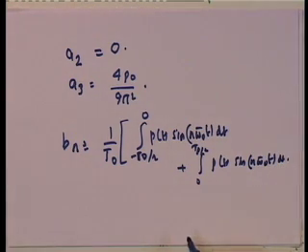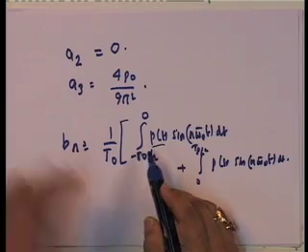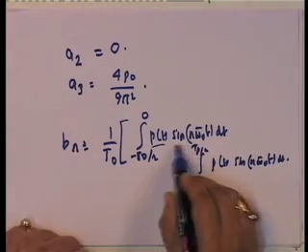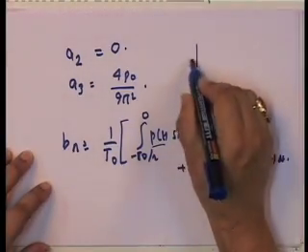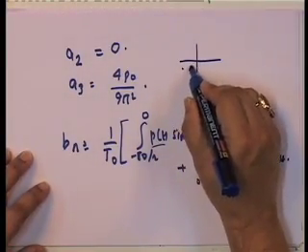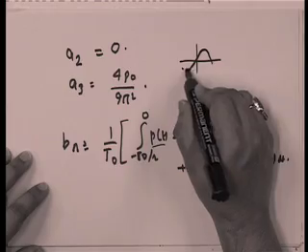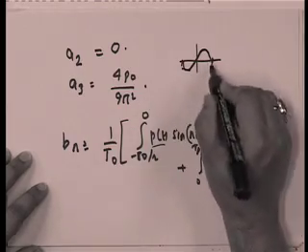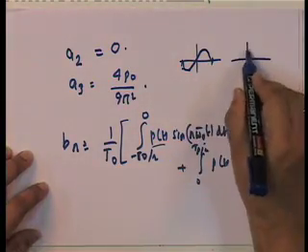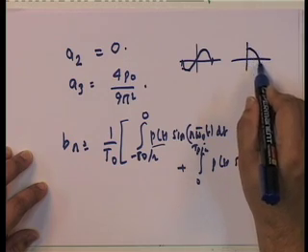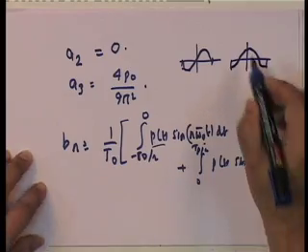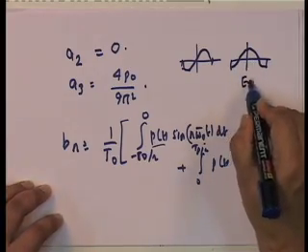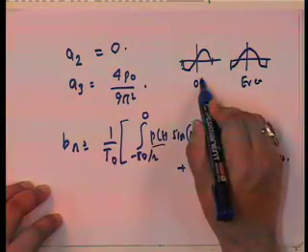Now, note that P t we saw was an even function, and sine is an odd function, right? It is an odd function. Now, why is it an odd function? Well, sine is of this form, right? This is how sine goes. Cosine goes how? Cosine goes like this. So, cosine is even. This is an odd function.